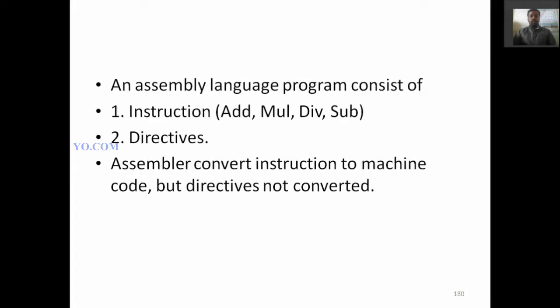Then, an assembly language program means the program for 8086. There are many languages, C, C++, embedded C, etc. These are universal languages, so we can convert a C program for a microprocessor or any other processor using a compiler.